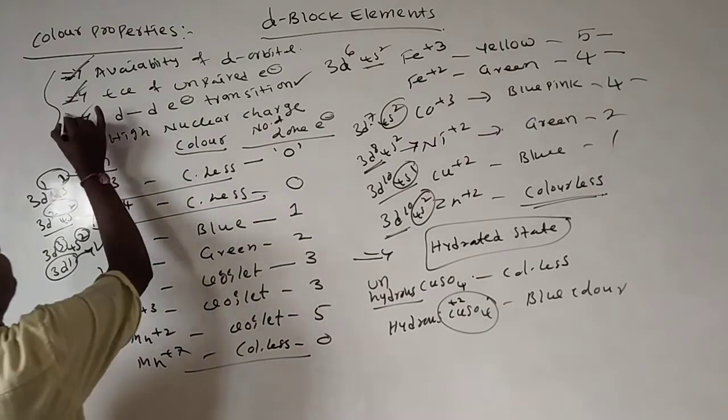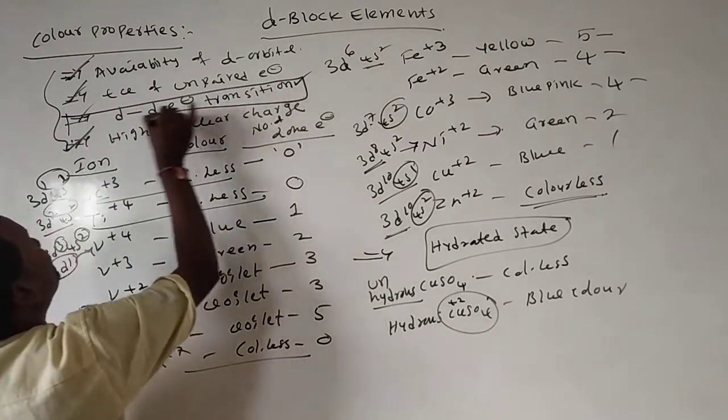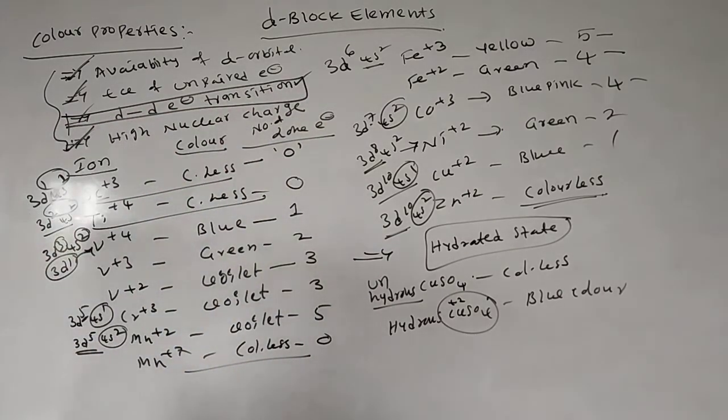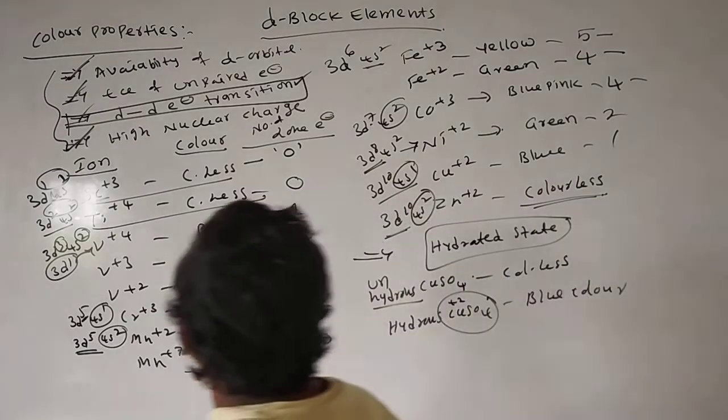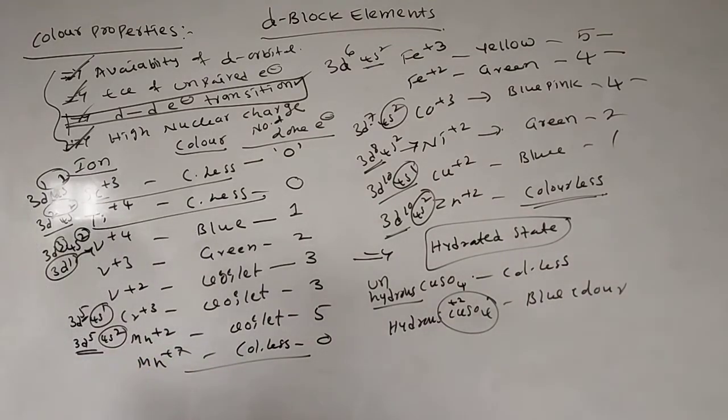One more important point: due to the d-d electron transition. What is the meaning of d-d? D orbital to d orbital. By the d-d electron transition, these elements exhibit the color properties.